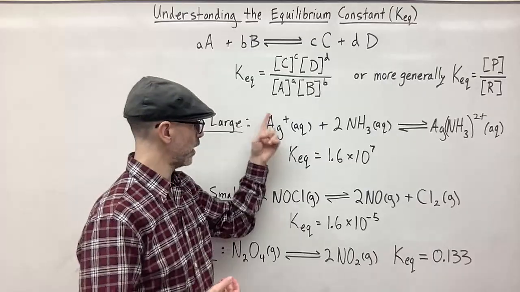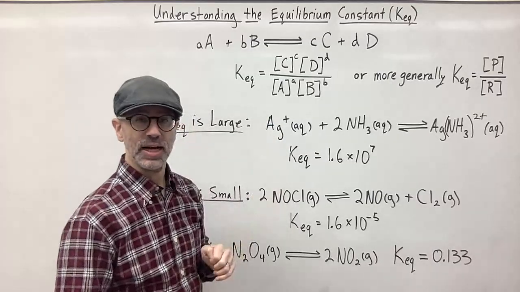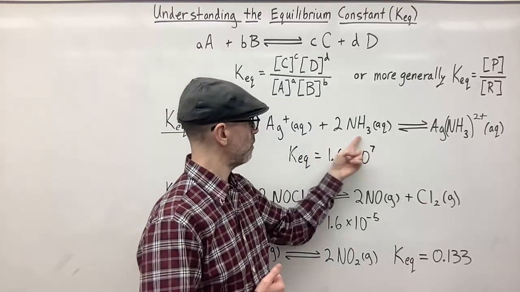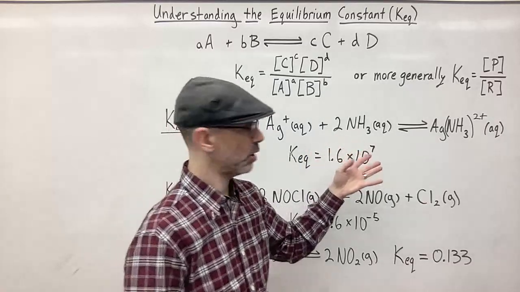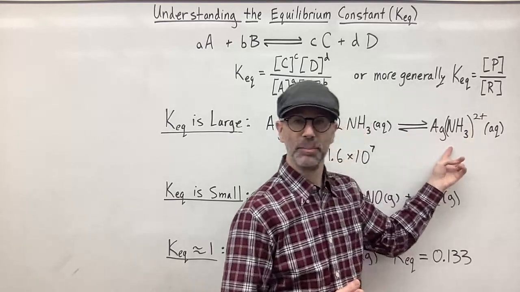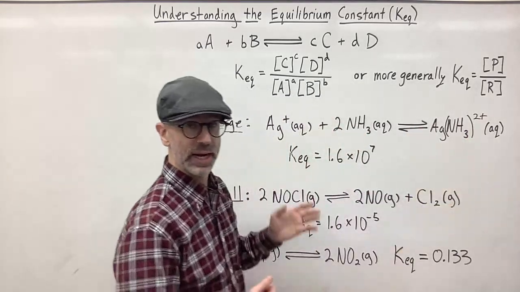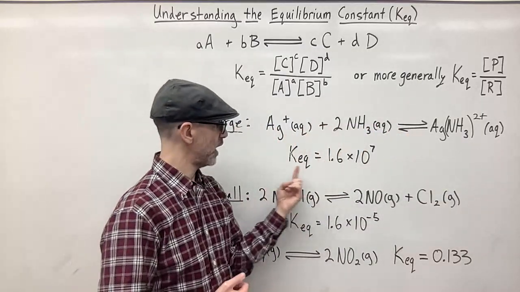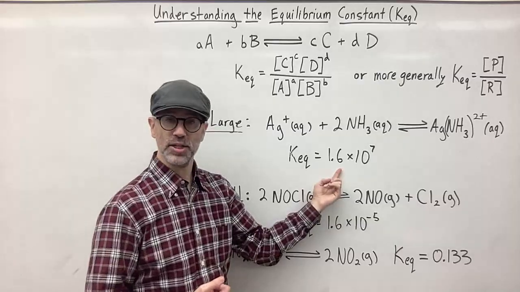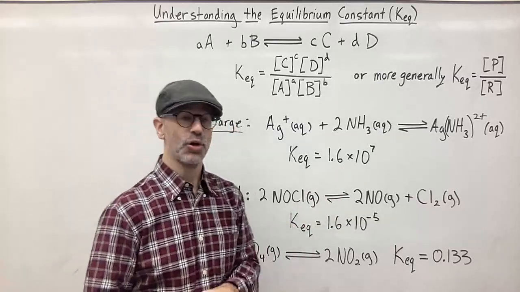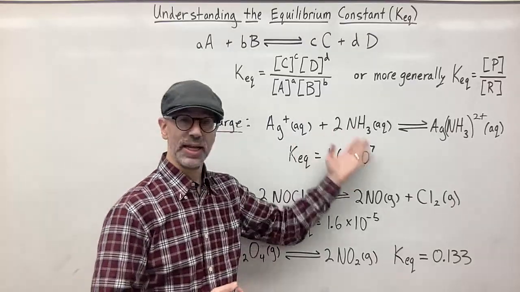We have silver aqueous ions, silver ions dissolved in water, reacting with ammonia to form this silver ammonia ion complex, right? So here we have this reaction at equilibrium, and you'll notice that the equilibrium constant for this reaction is 1.6 times 10 to the 7. So that's a very large KEQ.